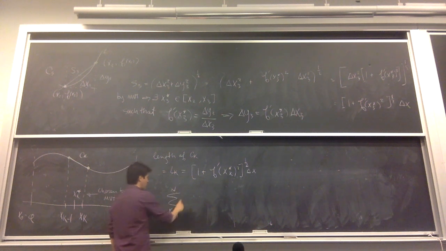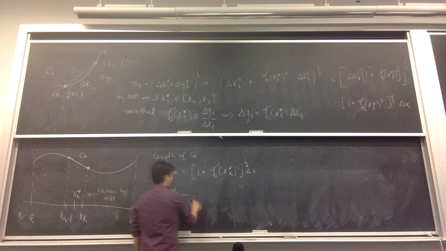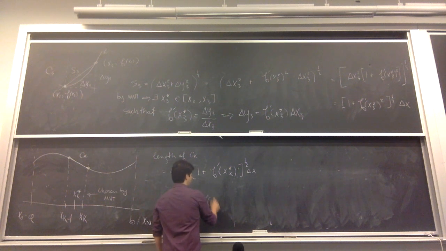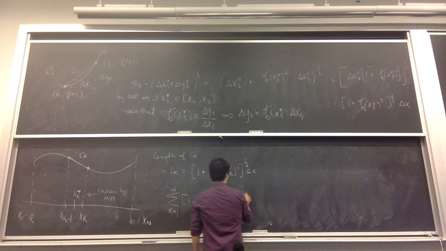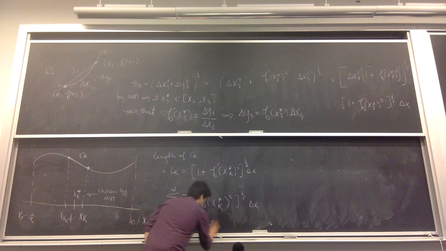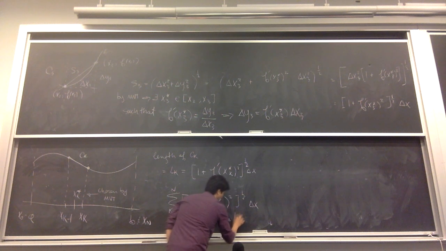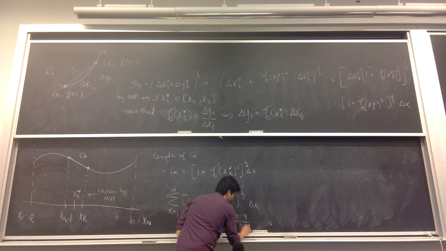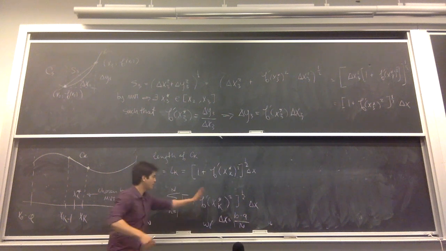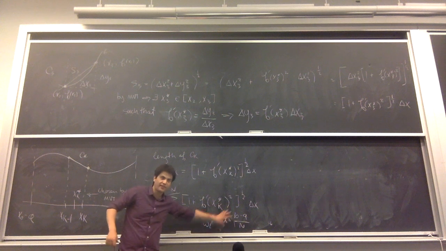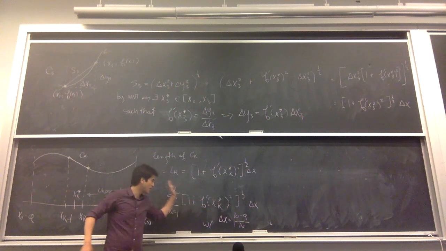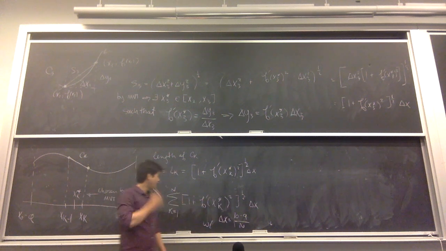The length of the chord is 1 plus f prime of x_k, squared, to the half, times delta x, with delta x equal to b minus a over n. Everyone keeps asking where the boundaries are hidden in these Riemann sums. It's hidden in your delta x. You can always recover the boundaries from delta x.